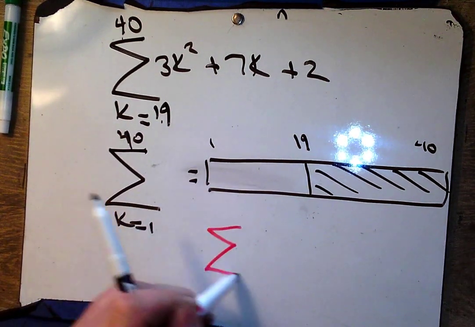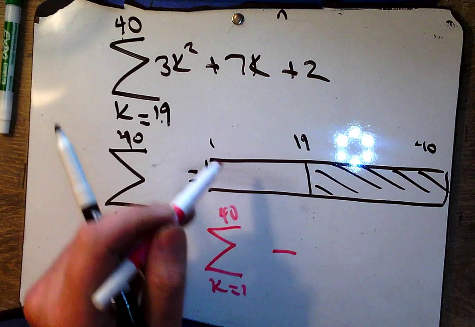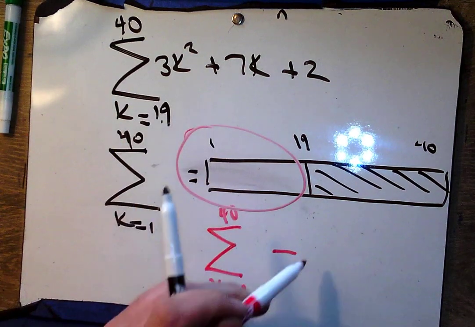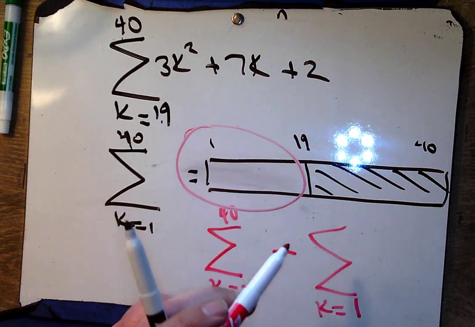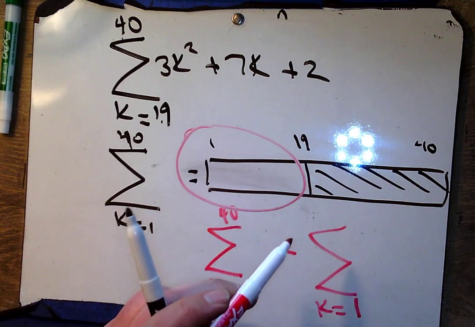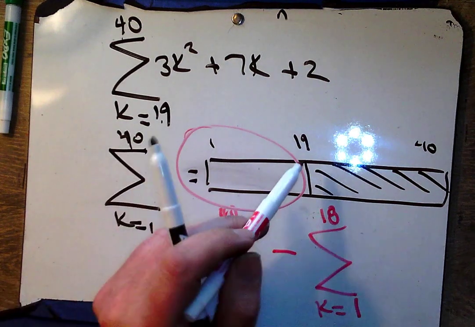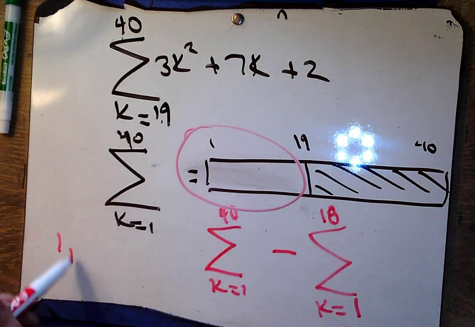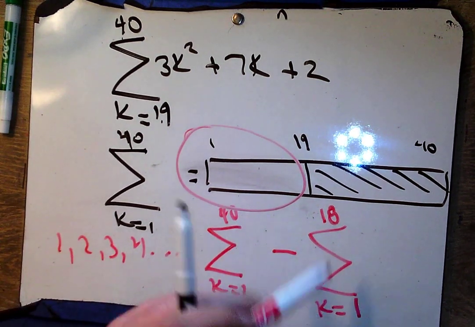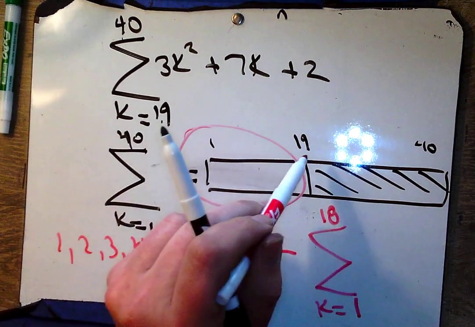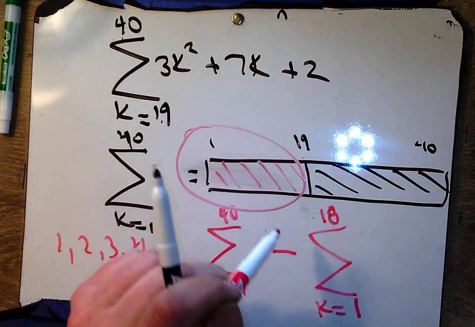I'm going to take the sum from k equals 1 to 40, and I'm going to subtract from it the sum from k equals 1 to, be careful here, this is probably going to be a highlighting and arrows and stars moment, 18. Why 18? Well, remember, we're only using numbers like 1, 2, 3, 4, etc. So no decimals, no fractions in there to worry about with these countings. And I want the 19th, so I want to get rid of everything before the 19th.